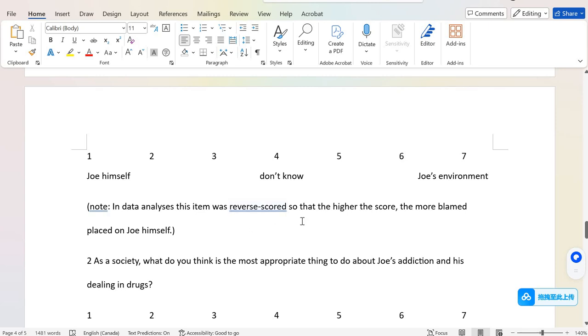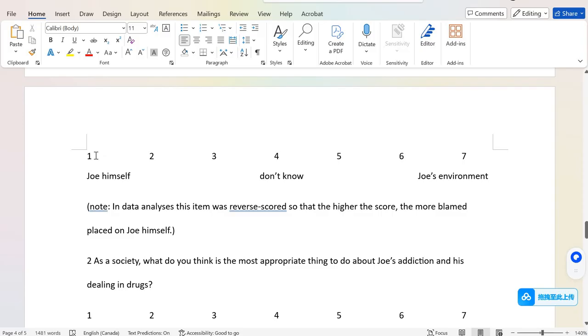In the data analysis, this item was reverse scored, so that the higher the number, the more blame placed on Joe. Now in the original version, the lower the number, the greater the blame placed on Joe himself.